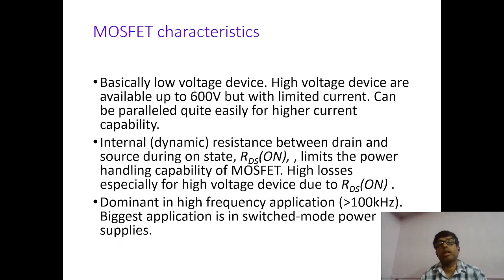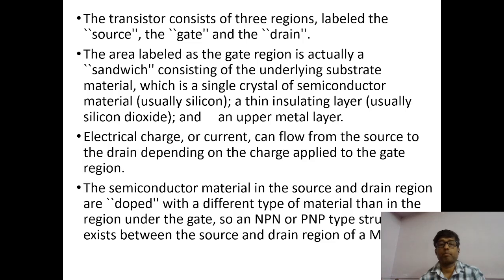Also, the internal dynamic resistance between the drain and source during the on state limits the power handling capability of MOSFETs. Due to the very high losses of the high voltage devices, due to RDS(on), MOSFETs are dominant in high frequency applications, up to 100 kilohertz. The biggest application is in switch mode power supplies.